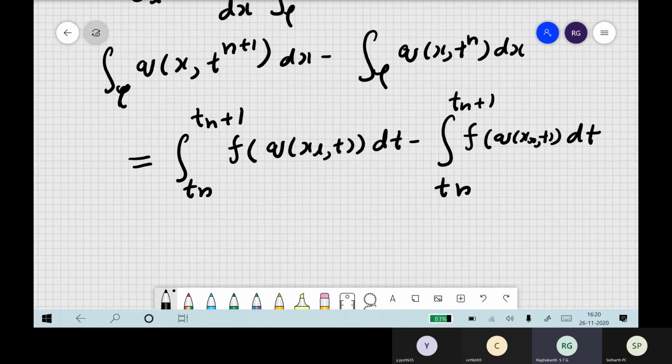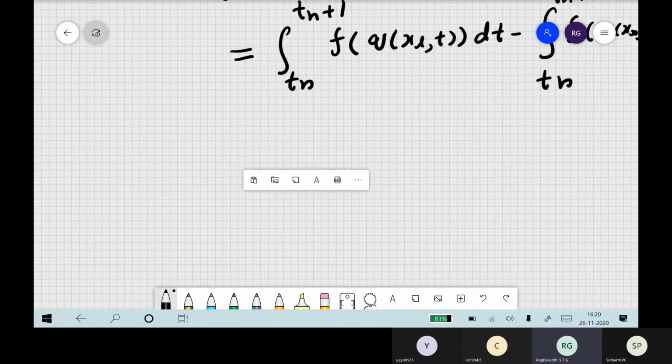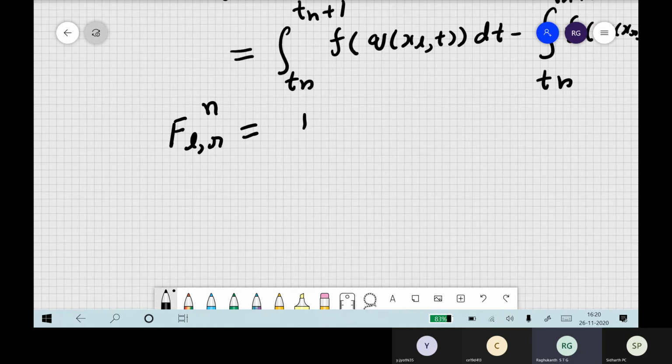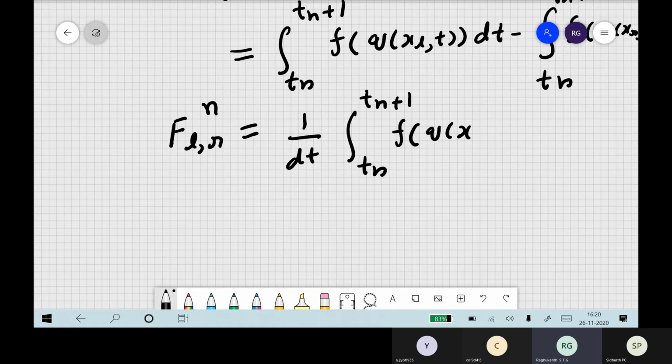If I denote this by F with notations L and R, left or right, then 1 by dt integral from t_n to t_{n+1} of f(q at L or R, t) dt.